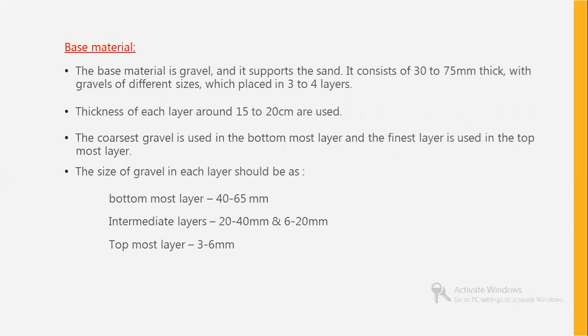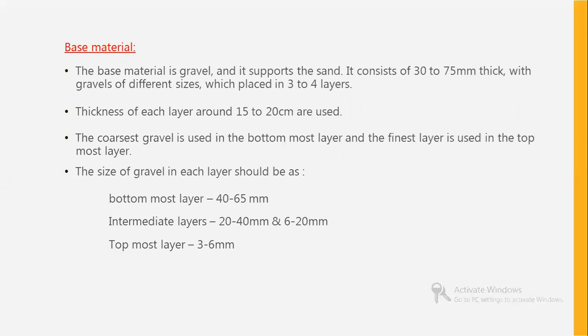Base material. The base material is gravel and it supports the sand. It consists of 30 to 75 mm thick gravel of different sizes, which is placed in 3 to 4 layers. Thickness of each layer is around 15 to 20 cm.